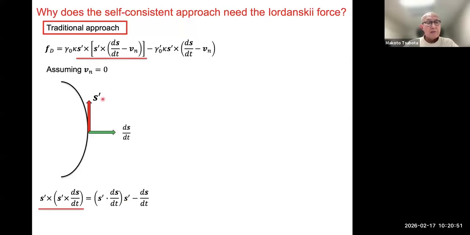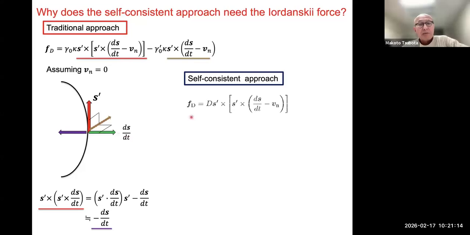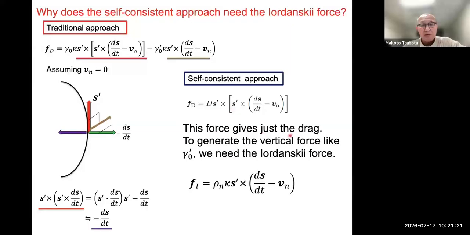And if s prime is almost perpendicular to ds/dt, it comes out like this. So what I want to say is, this drag force is completely opposite to the vortex velocity ds/dt. And this term makes the component perpendicular to both s prime and ds/dt. But the self-consistent approach gives this drag force, and this force gives just the drag.